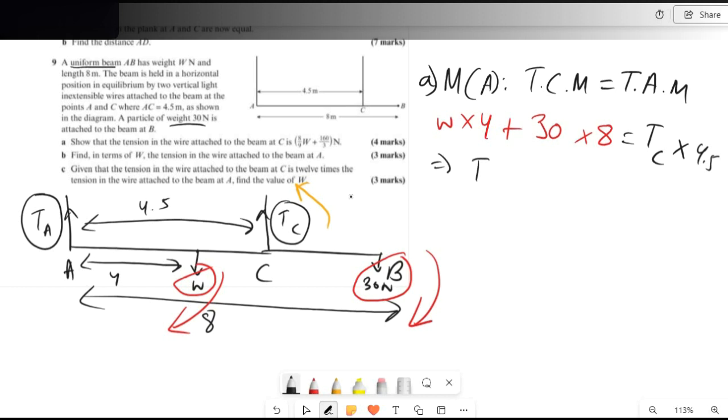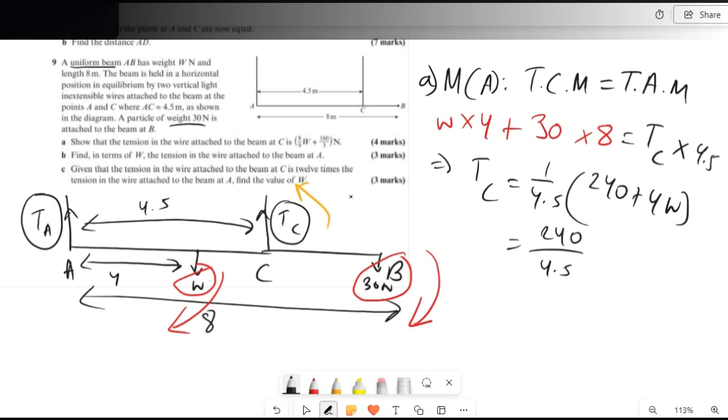So therefore, tension at C is going to be 1 by 4.5 of 240 plus 4W. And if we divide the numbers like this, 240 divided by 4.5 plus 4 divided by 4.5, we can actually get 160 by 3 plus 8 by 9 W, which can be rearranged to be written as 8 by 9 W plus 160 by 3 newtons.